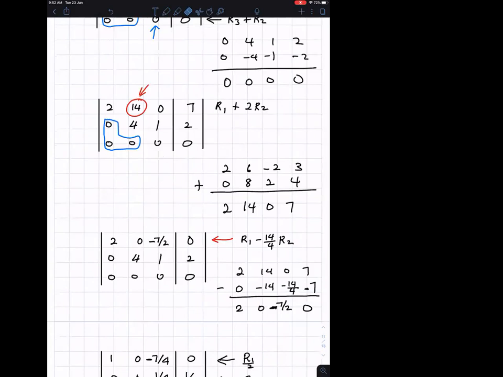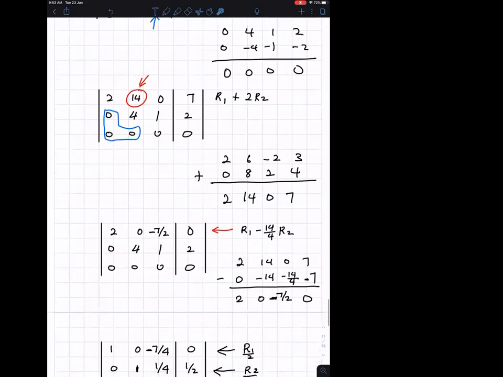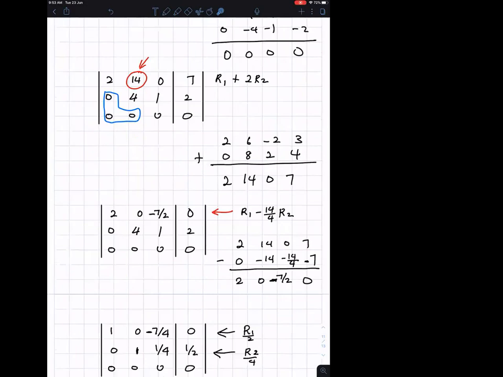Row 1 is 2, 14, 0, 7, correct? Right here, this is row 1. Now minus 14 over 4 row 2, so there's already a minus sign.